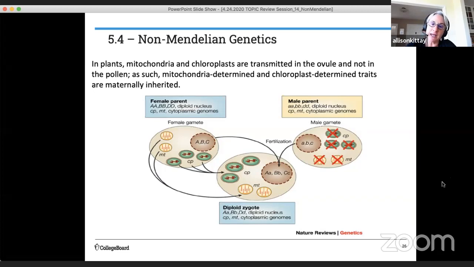So again, this is a nice illustration. The pollen does not have the chloroplast DNA or the mitochondrial DNA. So when it fertilizes, it only brings the genes that it has in its nucleus, whereas the ovule has both chloroplast and mitochondrial DNA in addition to the genes that are in its nucleus.